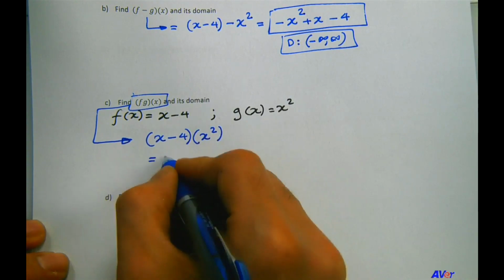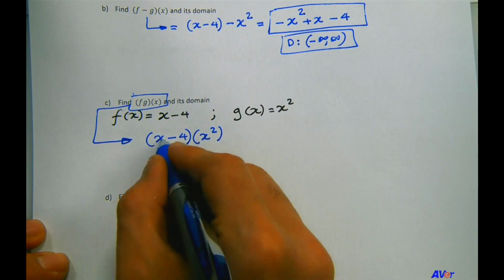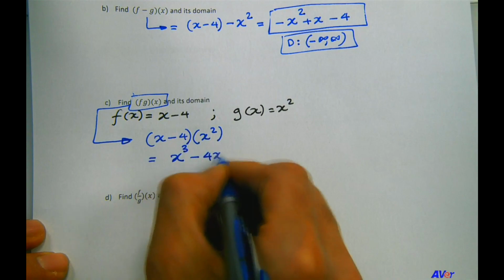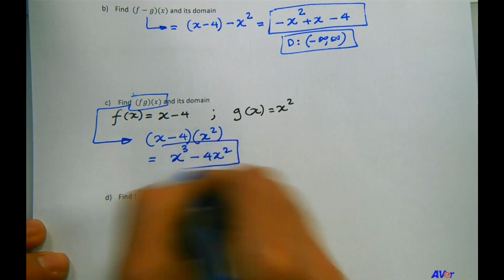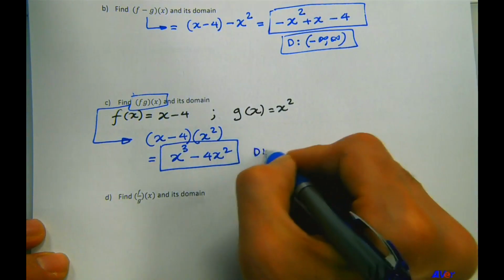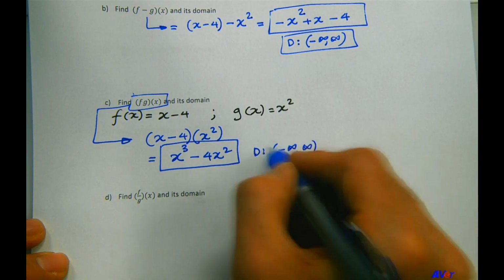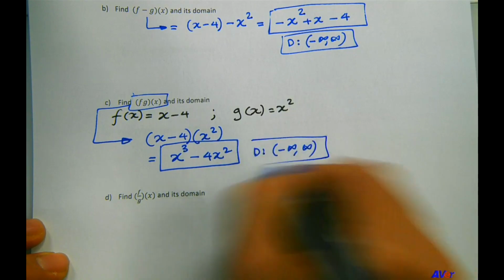Let's distribute, and we get x cubed minus 4x squared. So that's the combined function, and the intersection of the domains, again, is negative infinity, comma, infinity. Okay, so that's the domain of that.